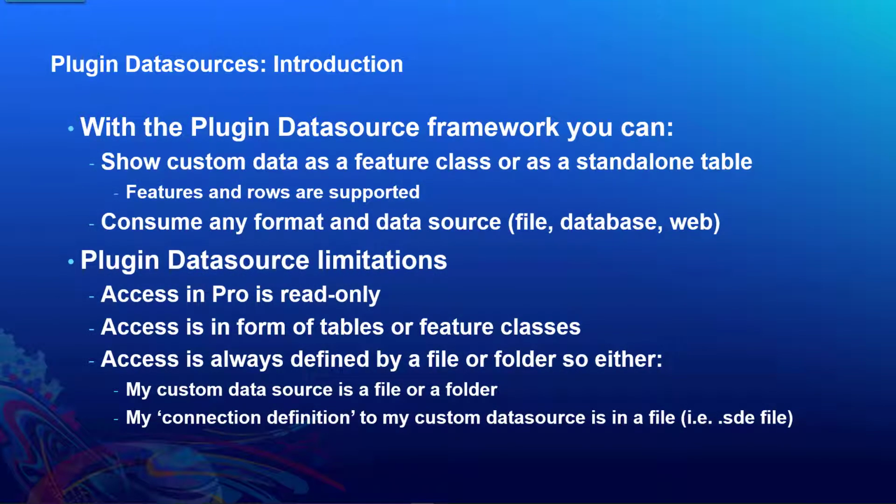So with the plugin data source framework, you can show custom data either as a feature class or as a standalone table. Both features and rows are supported. You can consume any format or data source, whether it's file-based or in a database or on the web.